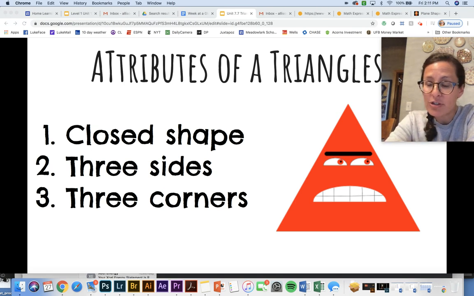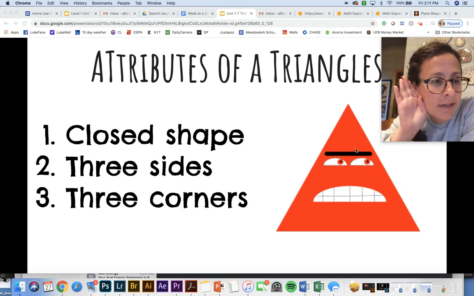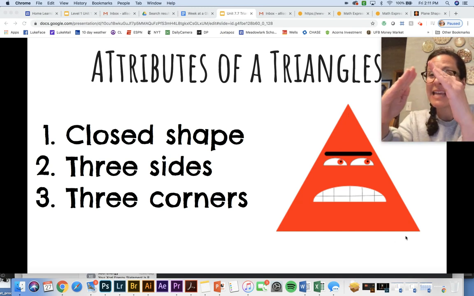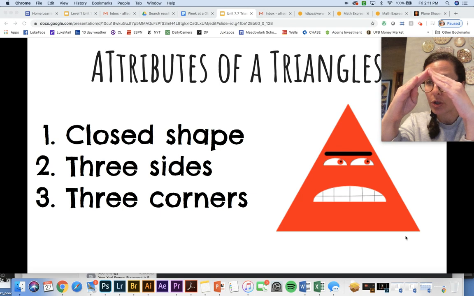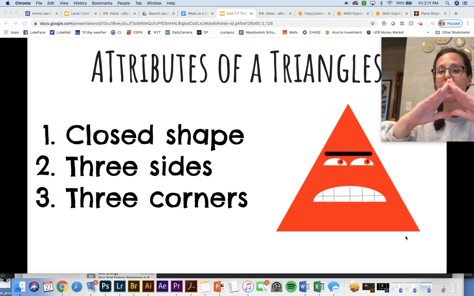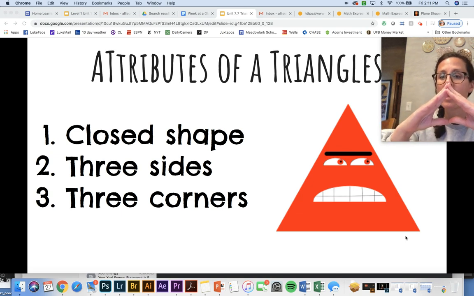The first attribute of a triangle is that it is a closed shape. Everybody say closed shape. Nice, thanks. A closed shape, that means that all of the corners are closed. So if you make a shape with your hands like this, it's not going to be a perfect triangle, and that's okay. It is a closed shape because there is nothing that can get out of that in-between area right here.